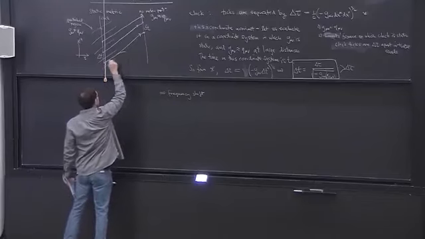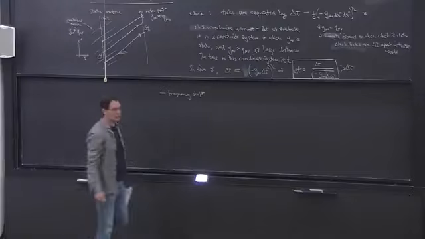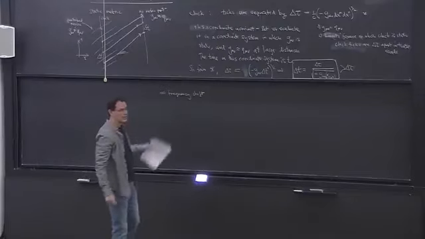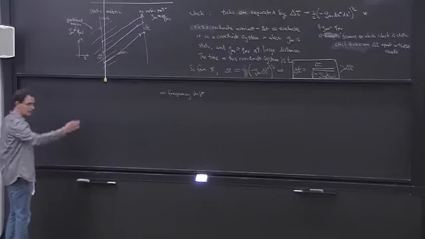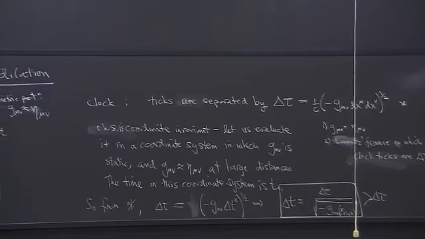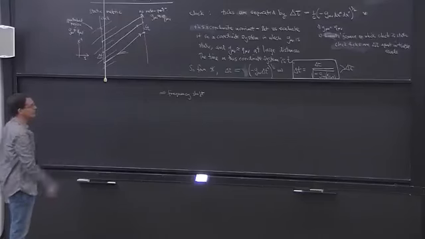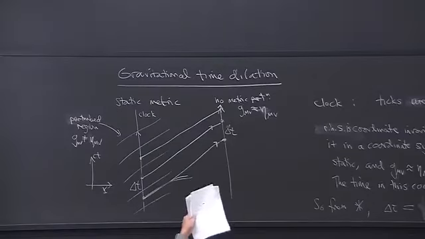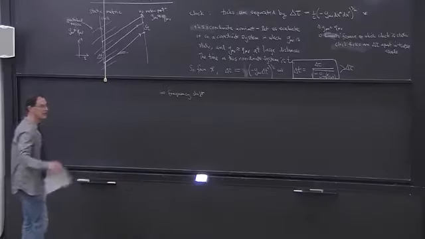So these will bend; they don't have to go at the speed of light or at 45 degrees in those coordinates. So the light rays are deflected in those coordinates. But since the whole thing is independent of t, every light ray is going to be deflected in exactly the same way. And that's all you need for this argument, that the interval in time over there is the same as the interval in time over here in this coordinate system where the metric is static.